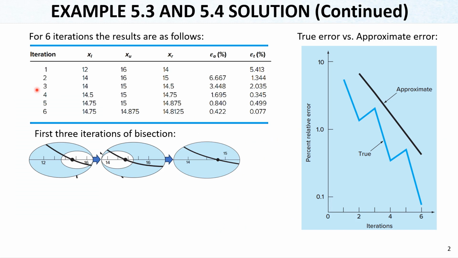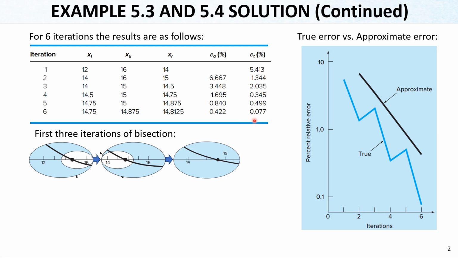So with the second iteration that we mentioned in the previous slide, it is the third iteration here for the 14 and 15. Basically we obtained the error reduced to 3.448. Remember that the previous error was this and now this.